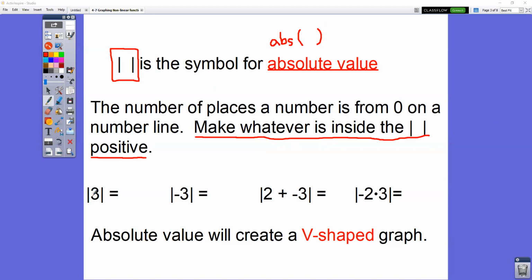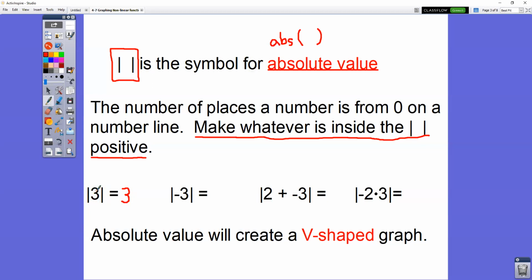So the absolute value of 3. How far away is 3 from 0 on the number line? Well, 3 is 3 spaces away from 0 because 2, 1, 0. So the absolute value of 3 is 3.